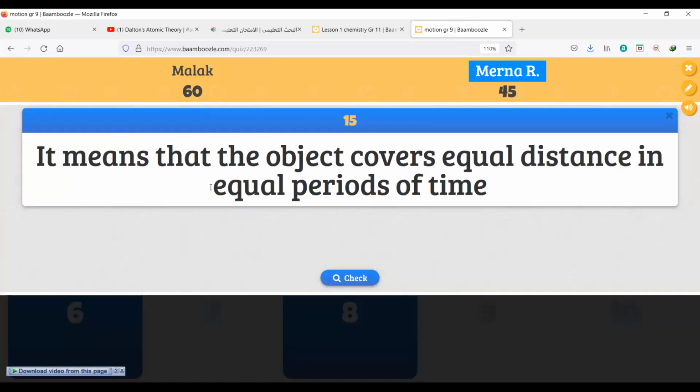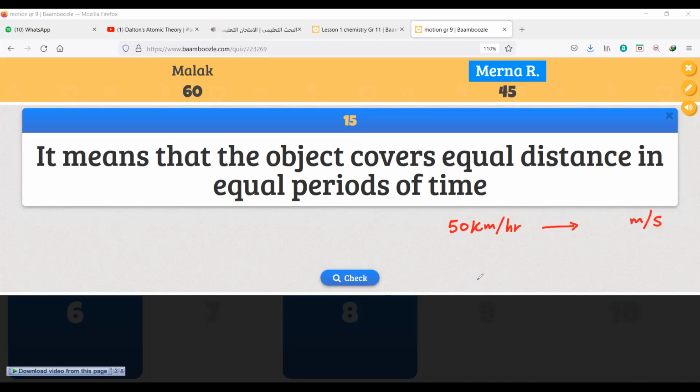It means that the object covers equal distance in equal periods of time. Okay, we didn't take this one yet. So let me ask you: for example, the speed of an object is 50 kilometer per hour. How can I change it to meter per second?